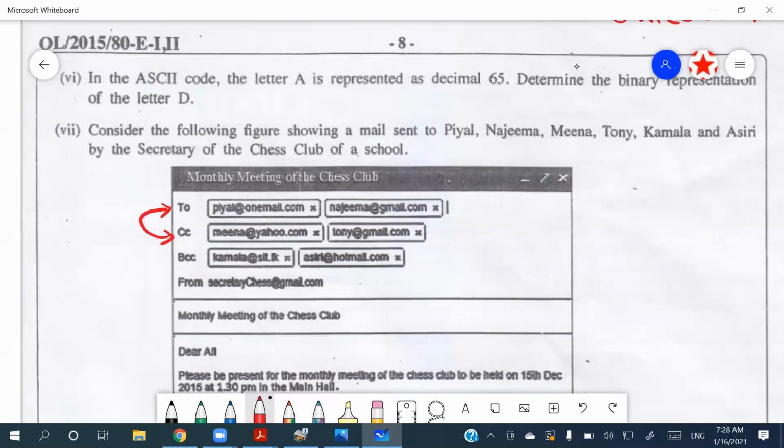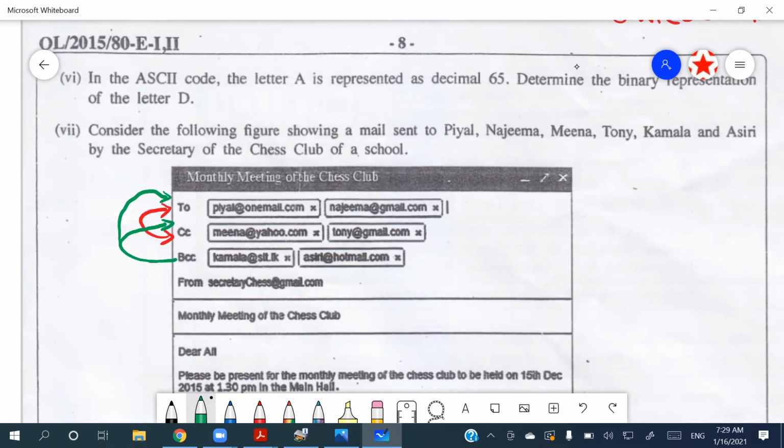And BCC people, blind carbon copy recipients, can see both the To and CCs, right? So they can see these 2 people who are the main recipients and the people that have a carbon copy, right? So no one can see a BCC, even these 2.